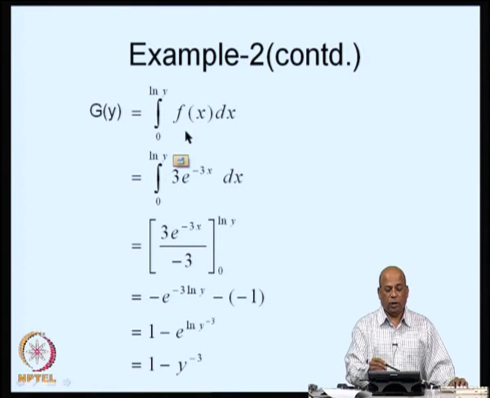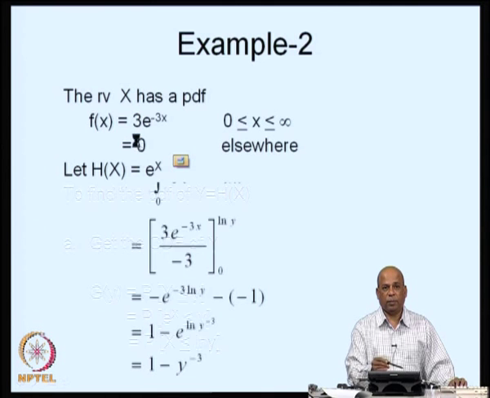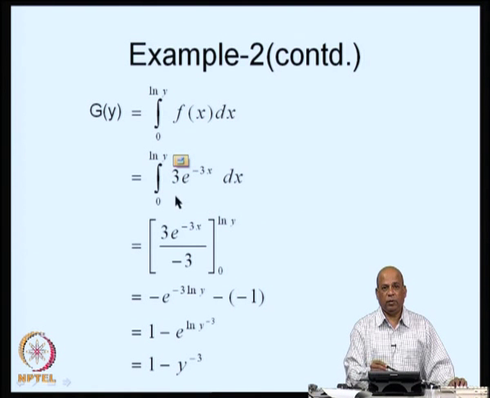So, G of y then is the probability of x being less than or equal to log y, and therefore, you integrate between 0 and log y the marginal PDF of x to obtain the capital G of y. This is a straightforward integration and putting in the limits. So, we obtain capital G of y is equal to 1 minus y to the power minus 3.